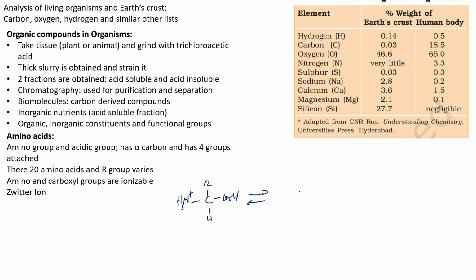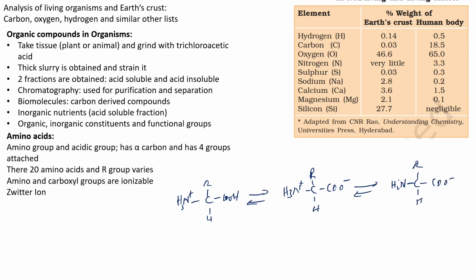Next we have one more structure, with COO minus, the R group, and here the H. And finally the last structure that we will write is this one, COO minus, H, and then R group.